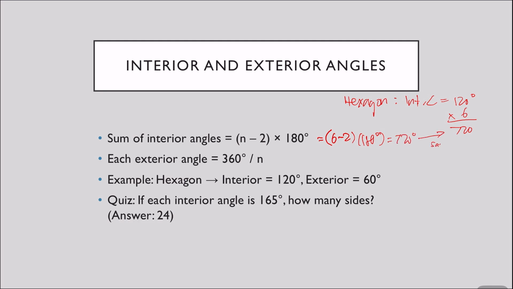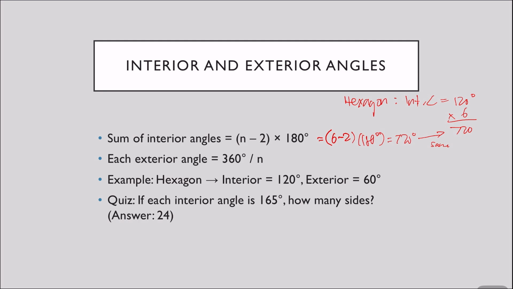Same. So, either you get your interior angles manually, using the previous formula and then add it all up, or you can use the formula n minus 2 times 180 to get the sum of your interior angles.